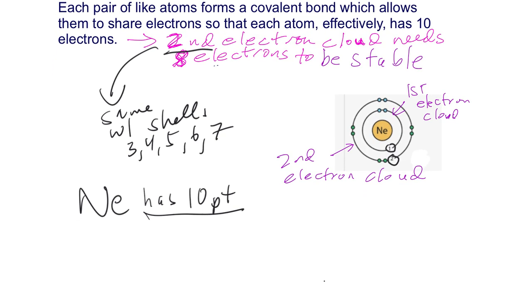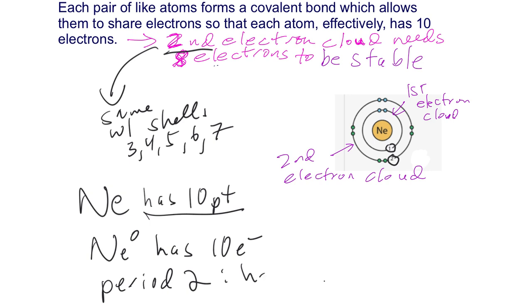And so neon, if neutral, has 10 electrons. So if you look at neon on the periodic table, it's in period 2. So it has 2 rings, or 2 electron shells.